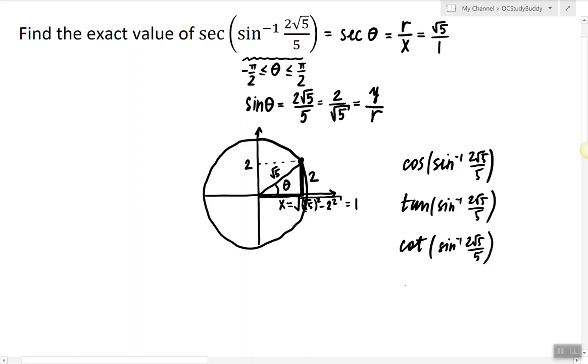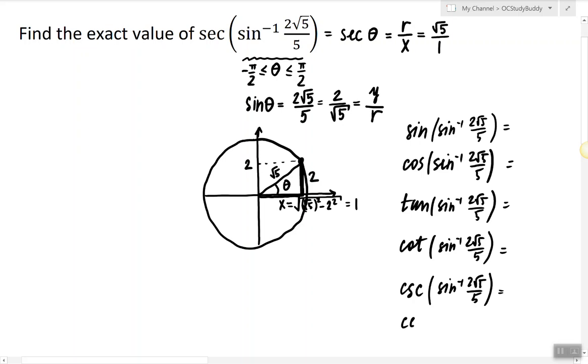We also know what cosecant is. And we also know what secant is, or sine, I'll put here. So this is what we know, but the question is only asking us for secant. I'm just showing you that we know much more from this picture.